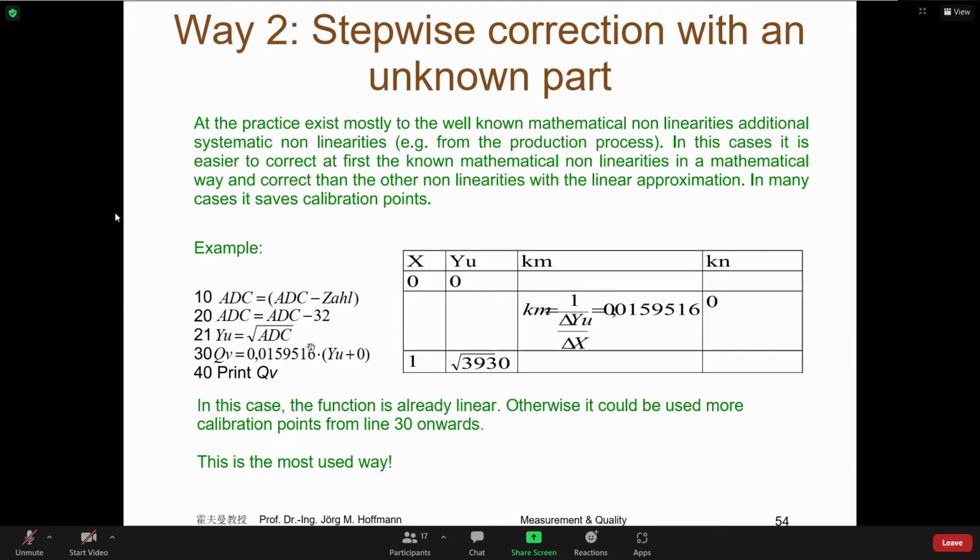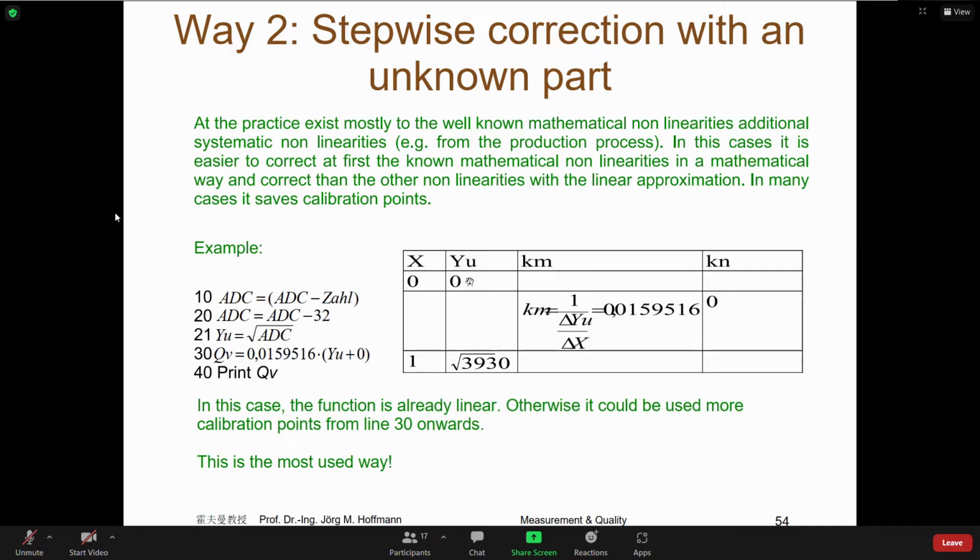That means the root makes the linearization from the nonlinearity. But then we get completely new values for Km and Kn. Kn is 0 because we have set it to 0 at this point, and Km we have to calculate now.